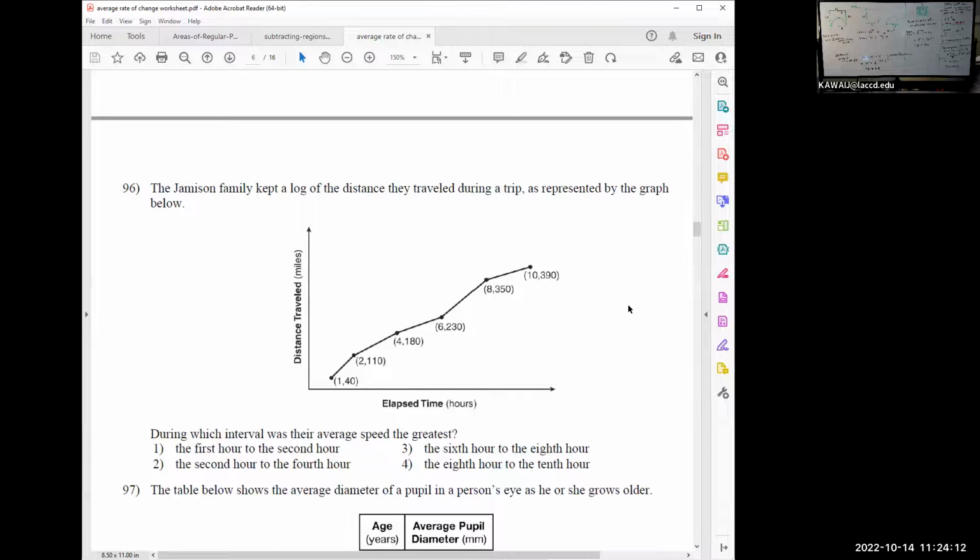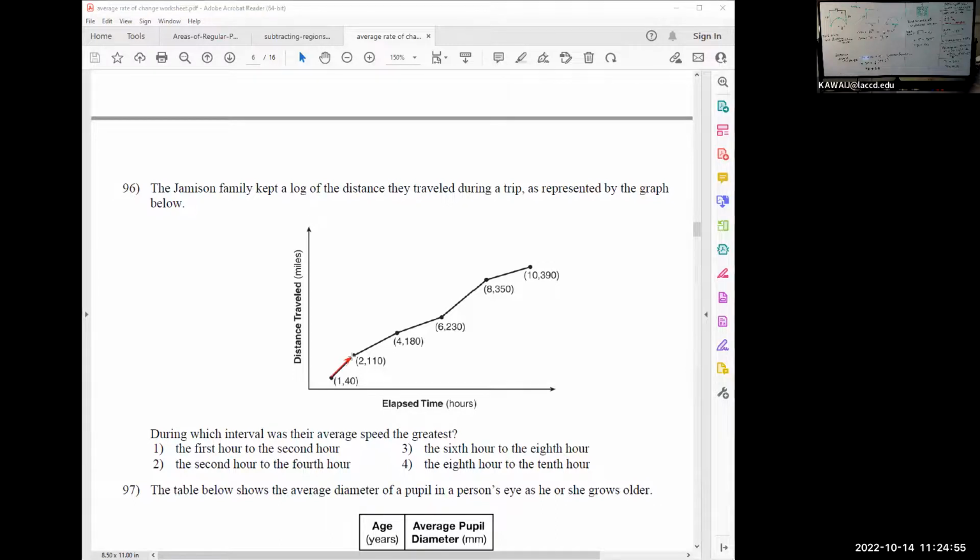Which one has the largest slope? Now, sometimes when you do the eyeball test, it's not very easy to tell.